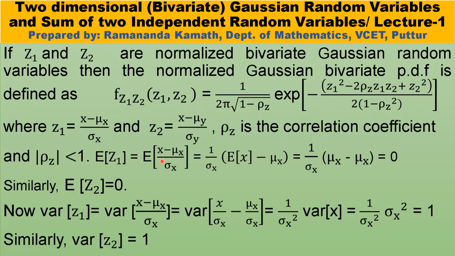Z1 is the normalized form of x and Z2 is the normalized form of y, so mu_x and sigma_x are the mean and standard deviation of x, and mu_y and sigma_y are the mean and standard deviation of y.